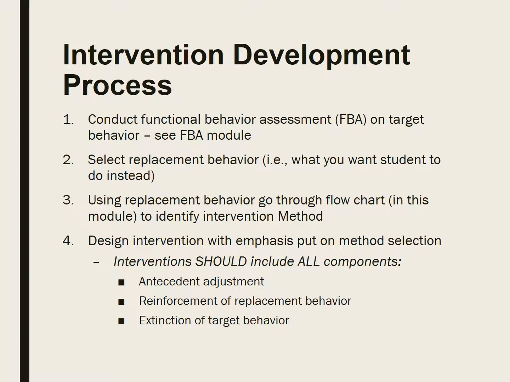Again, even though all interventions should include all components, antecedent adjustment, reinforcement of replacement behavior, as well as extinction of target behavior, your emphasis on which method, method 1, method 2, or method 3, or both, needs to be focused on that. If, say, for example, antecedent conditions do not reflect effective practice and you lead to that method, the focus of your intervention is going to be on that antecedent adjustment.